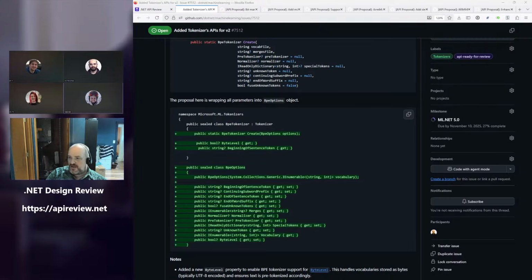Not to harp on the byte level thing too much, but I'm curious, to follow up with your questions, Jeremy. I know you can basically store arbitrary bytes in strings, and I assume that when you're doing byte level encoding, it's assuming that these Unicode characters are UTF-8 encoded. Is that an assumption? If you have a .NET string, it is UTF-16.